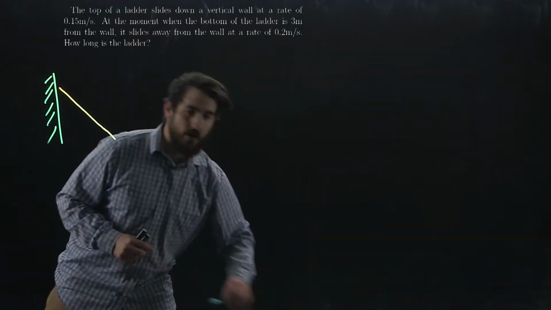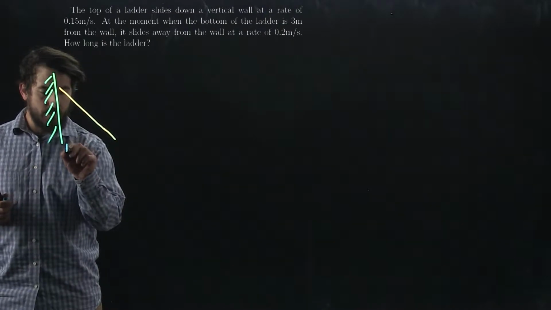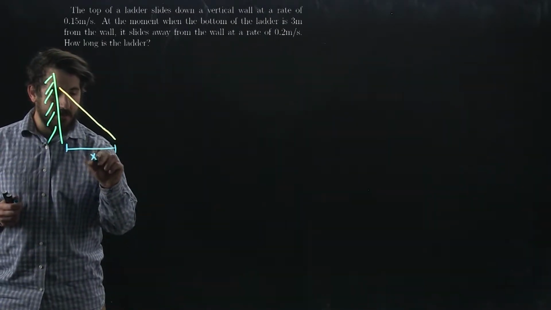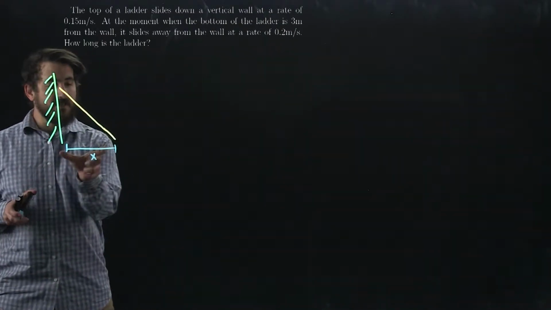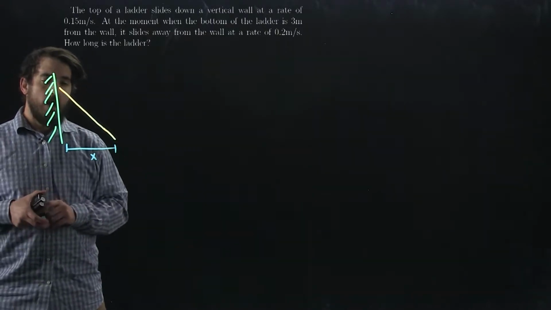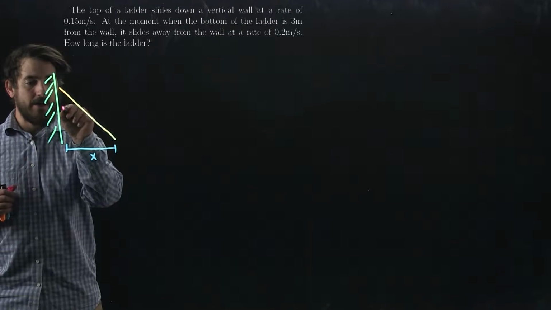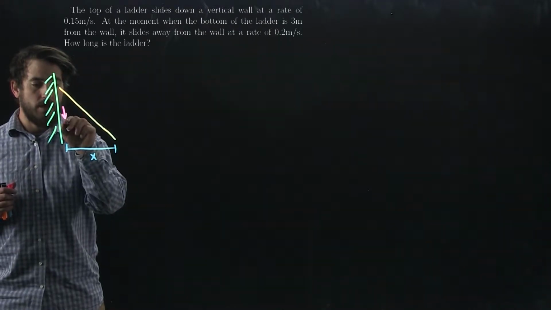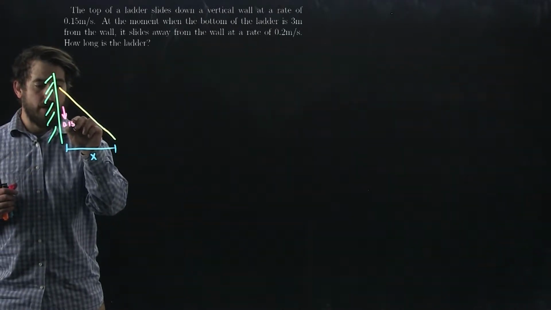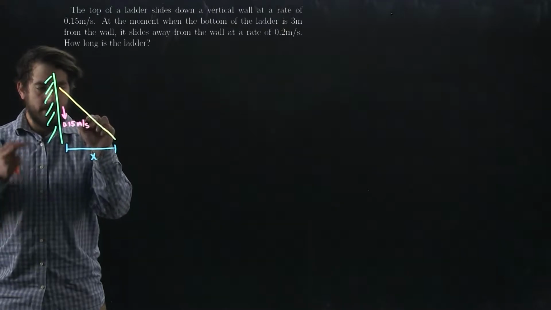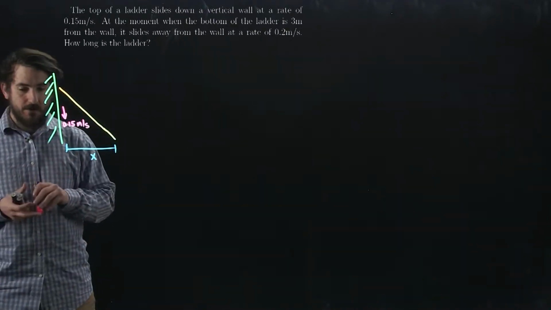I'm going to call this my x, which is the distance away from the wall. And we know that we have a downward motion of 0.15 meters per second.